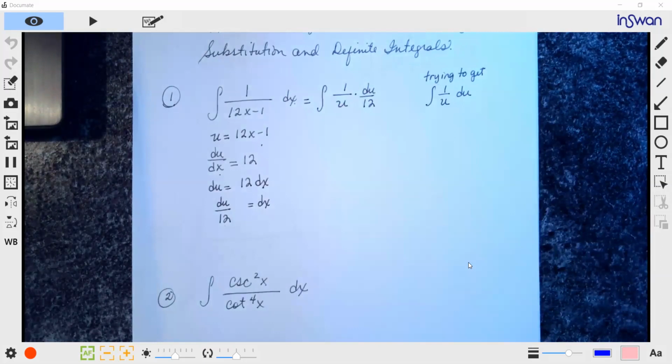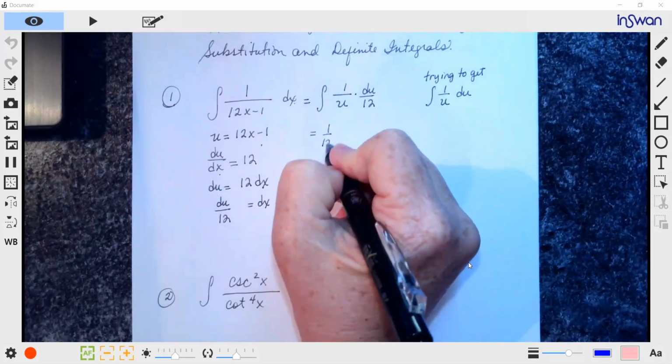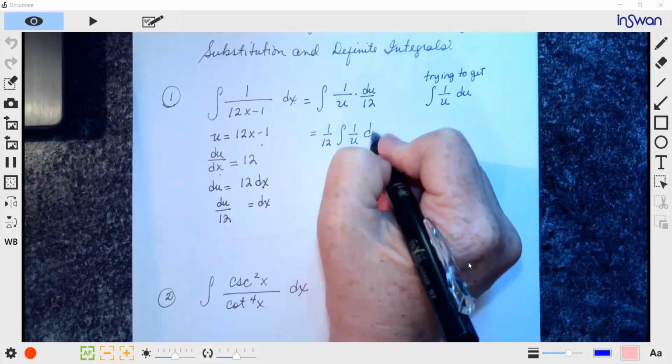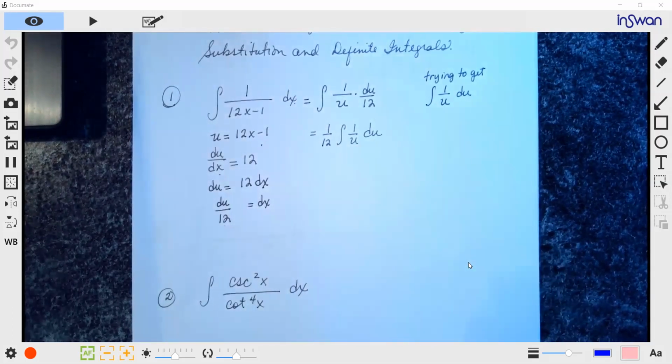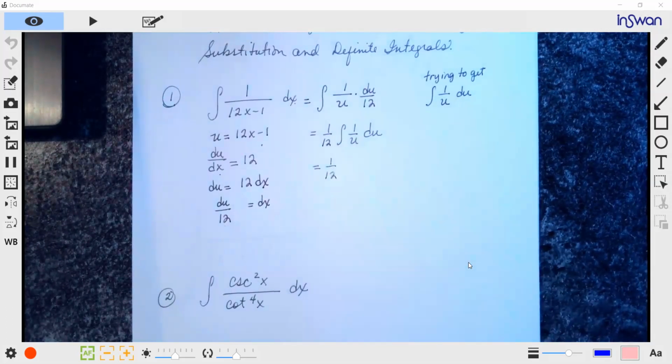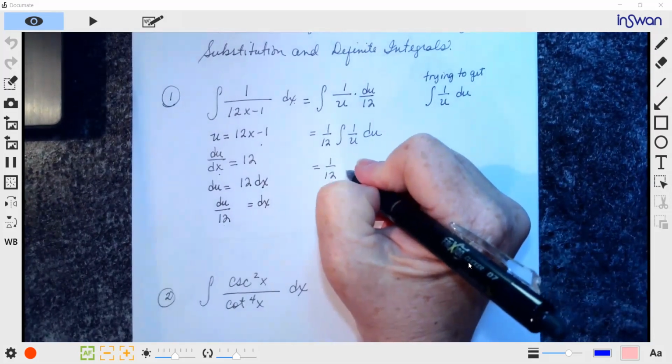Everybody okay right here? Yes. Okay. Now that would allow me to make this a 1/12 times the integral of 1 over u du. Whose derivative is 1 over u? Natural log of the absolute value. Yes, sir.